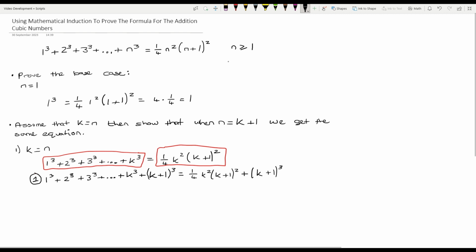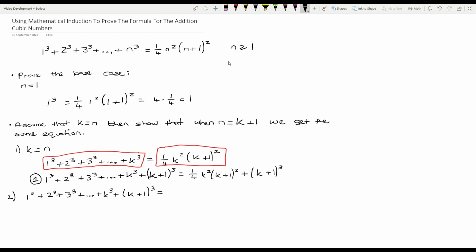Okay, so this equation here is one of the ones that we need to use to prove our induction. Now, the next thing we need to do is substitute our k plus 1 into our top equation. So now we can say that 1 cubed plus 2 cubed plus 3 cubed plus ... plus k cubed plus (k plus 1) cubed is equal to, and this time, instead of adding on this extra term, we're just going to substitute k plus 1 into our top equation.